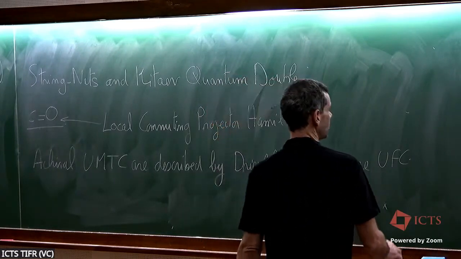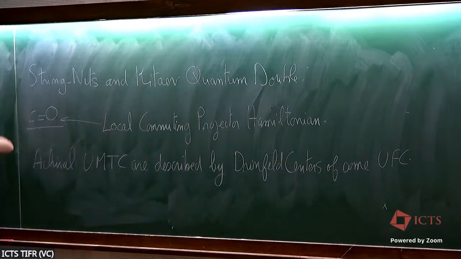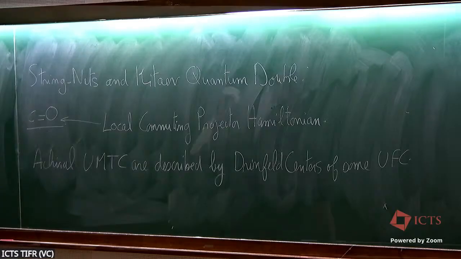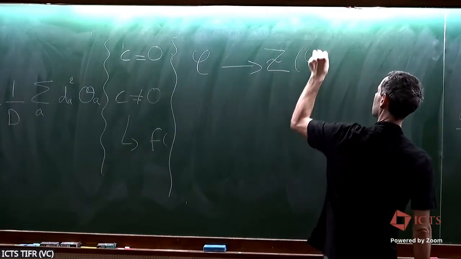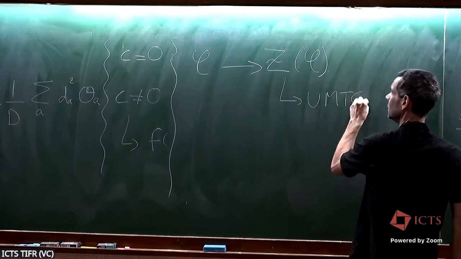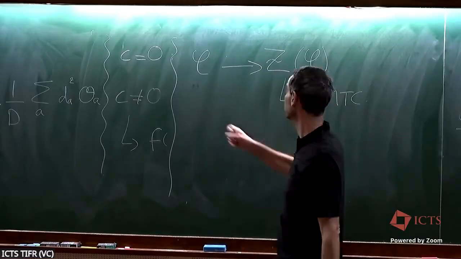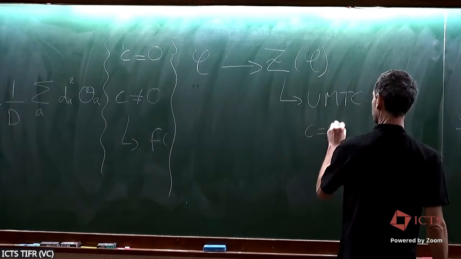The Drinfeld center is not just something, because there would be a lot to say about it, but let's say that if you take any fusion category, you can build what we call the Drinfeld center. So you start from a category C, and you can build the Drinfeld center, usually called Z of C, of this category. This is a UMTC, even if C is not a UMTC, and it's a UMTC with a zero central charge.